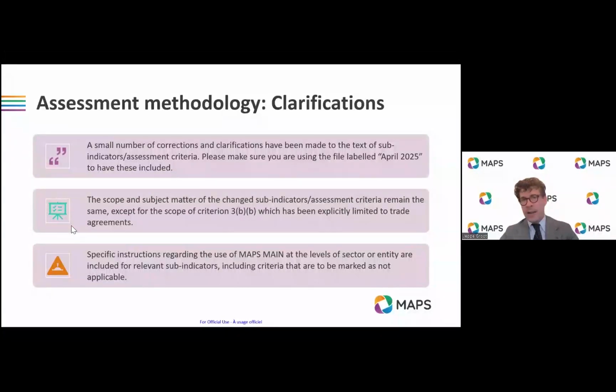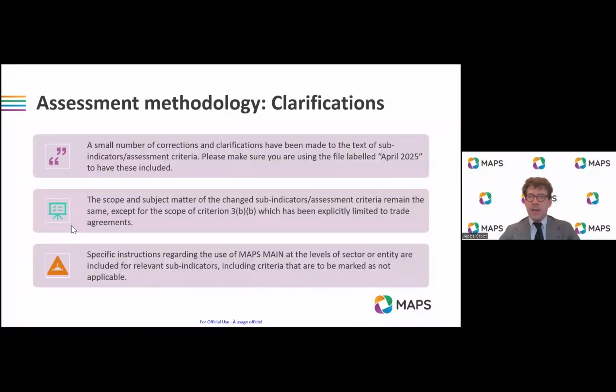But currently, the latest updated version of the methodology and of the templates is labeled April 2025. So make sure that you're using this. I will get back to which assessments are affected by that, but April 2025 is the most recently updated version.